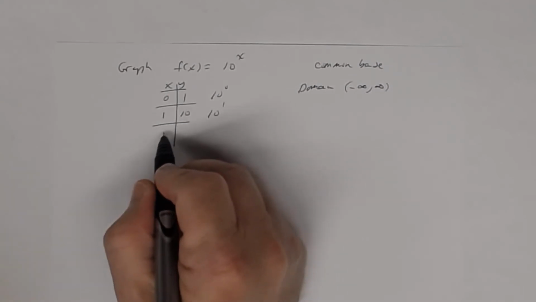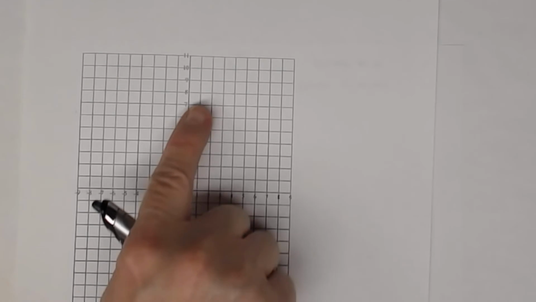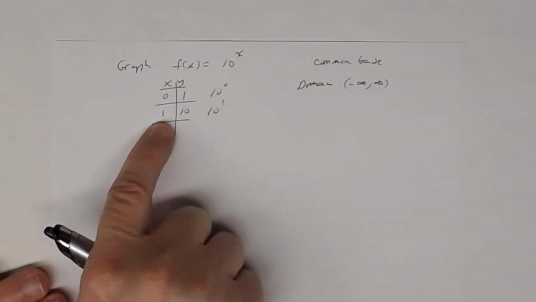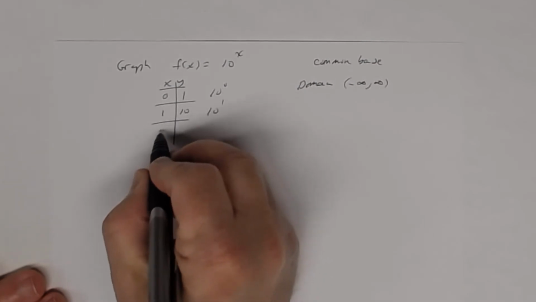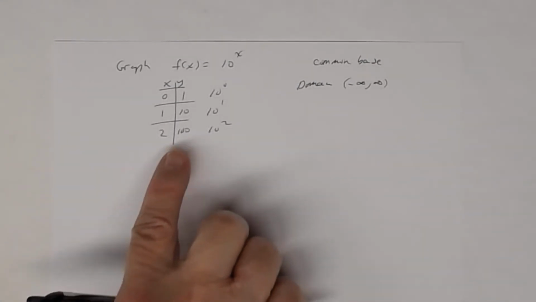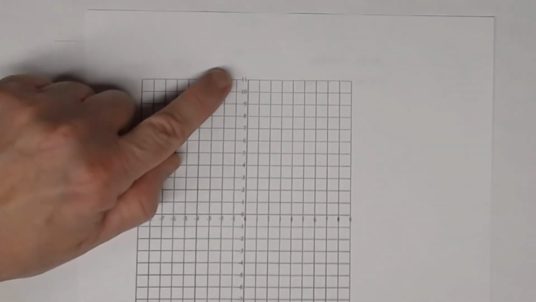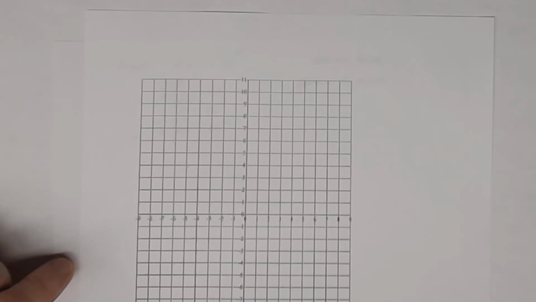Now at this point, it gets very large, and I don't have room in my plane to graph any other points bigger than x equals 1. For example, if x is 2, I get 10 squared, which is 100. There's no way I can plot the point (2, 100) in this particular plane because it only goes up to y equals 11.